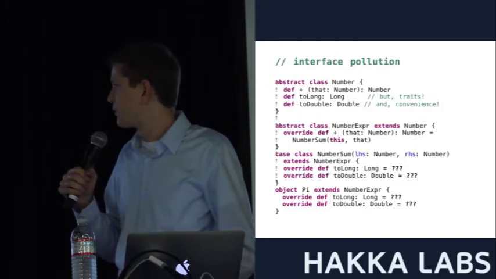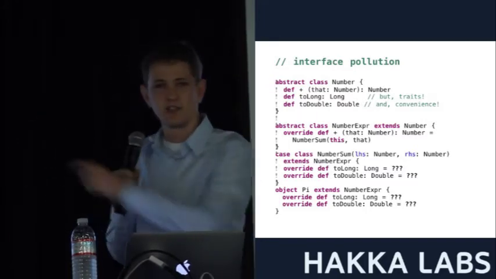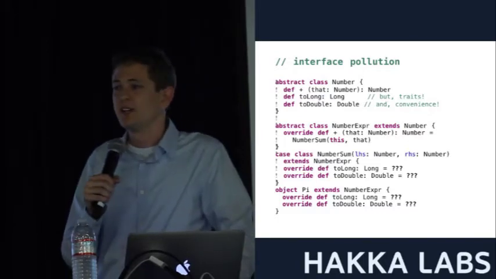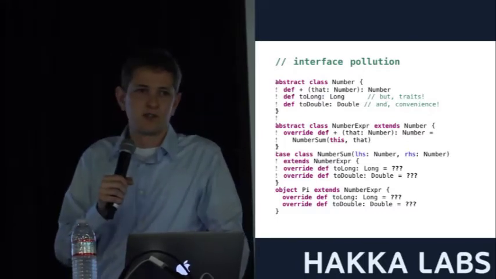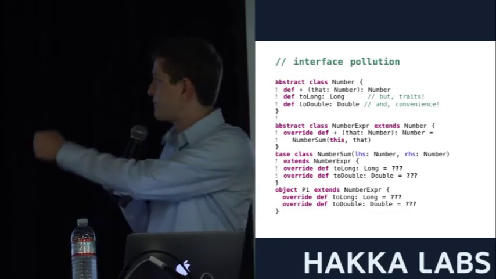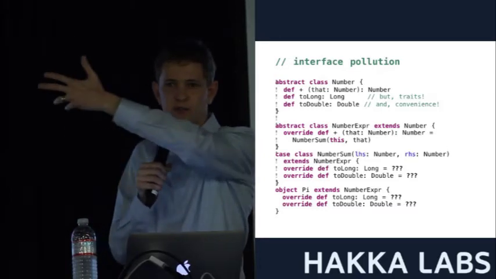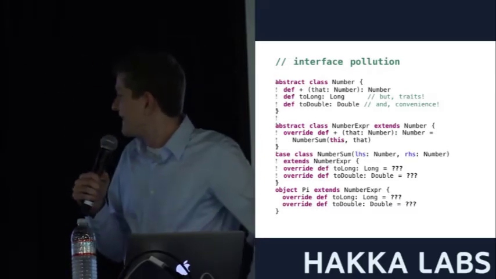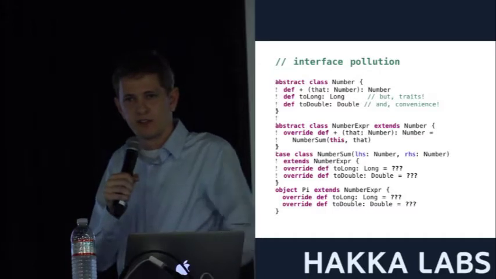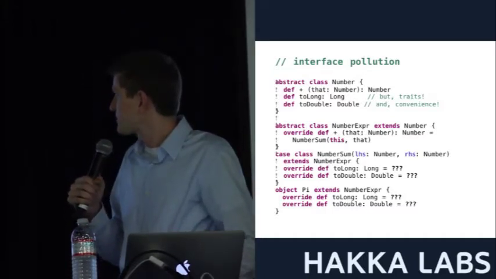So if you want to represent numbers as expressions of numbers, potentially with some irrational numbers, well, yeah, you could coerce it to a double, but you're losing something there. And furthermore, by putting these conversions in your base interface, you're encouraging people to use them, and it's going to be difficult to compose your code in the long run.